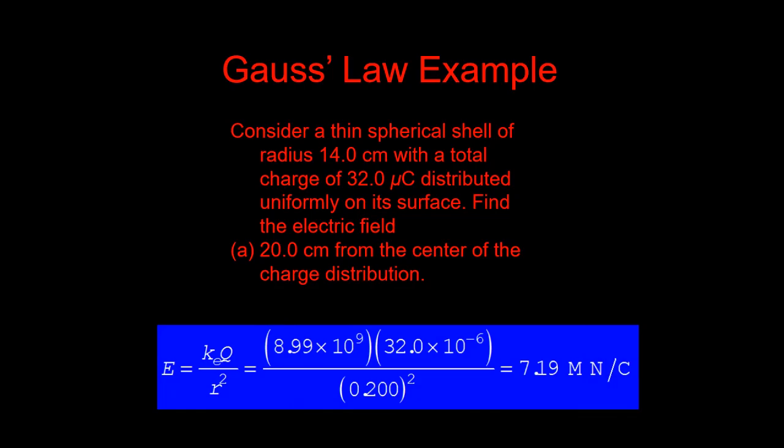This one should be relatively simple and is a simple application of kq over r squared. k is 8.99 times 10 to the 9 as always, and microcoulombs are 10 to the negative 6 coulombs. So 8.99 times 10 to the 9 times 32 times 10 to the minus 6 over 0.2 squared is equal to 7.19 times 10 to the 6 newtons per coulomb.